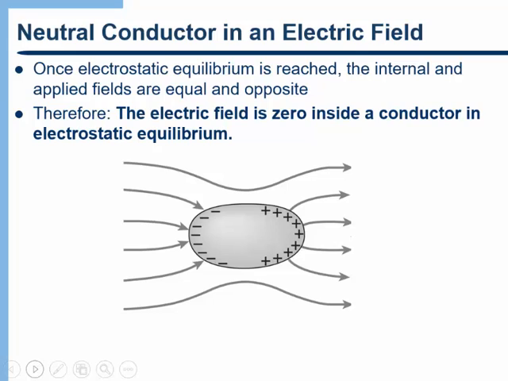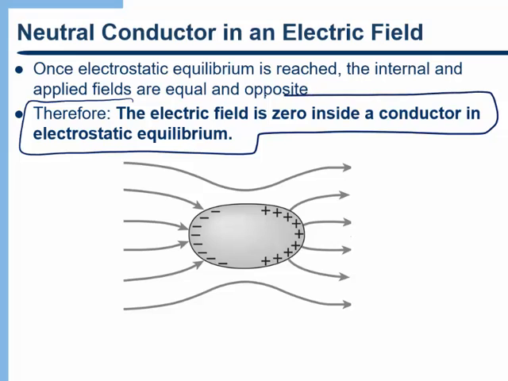And so once those electrons are no longer moving, once we've reached electrostatic equilibrium, the electric field inside that conductor must be zero. That's an important point to remember. I'm going to put a box around that, and you'll notice it's bold. So that's important: the electric field inside a conductor is always zero in electrostatic equilibrium.